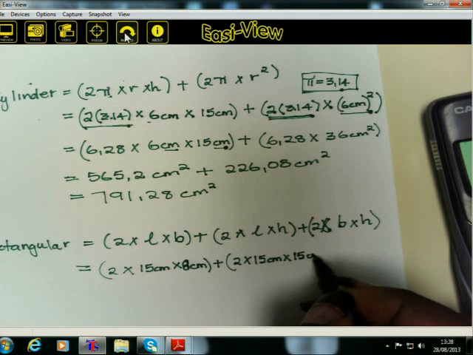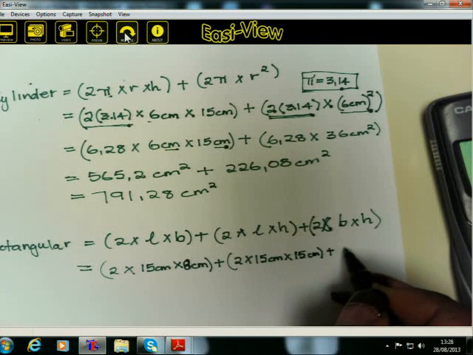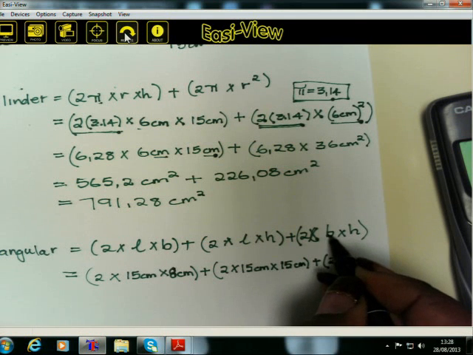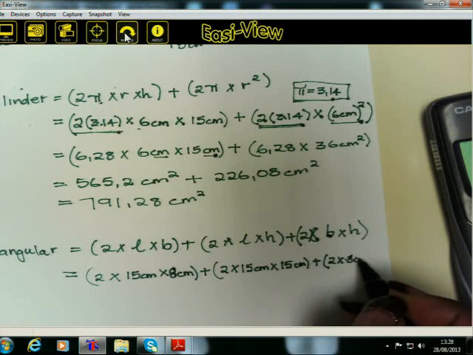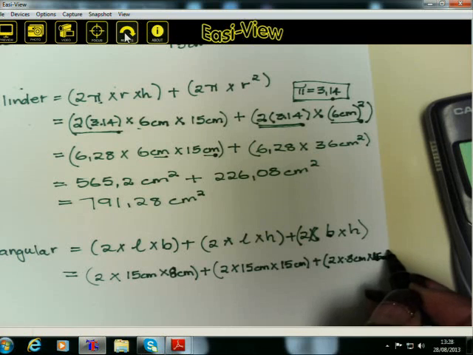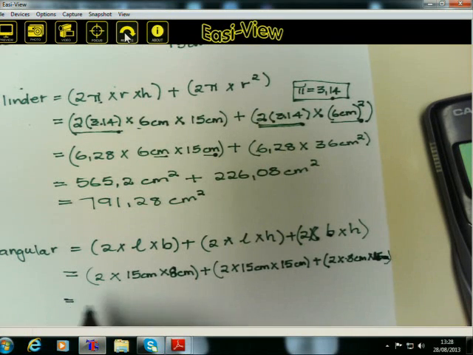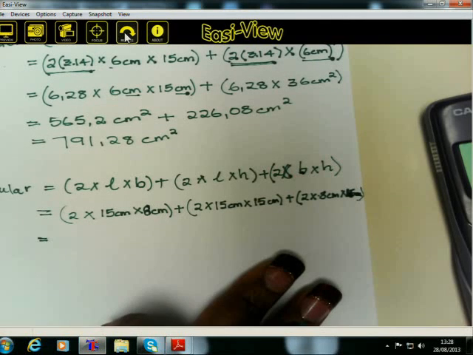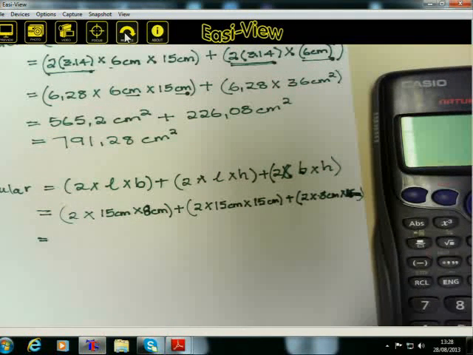So the length and the height have the same measurements. 2 multiplied by, remember our breadth is 8 centimeters, and our height again is 15 centimeters. That is not so clear there, but in the next line we will make it clearer.